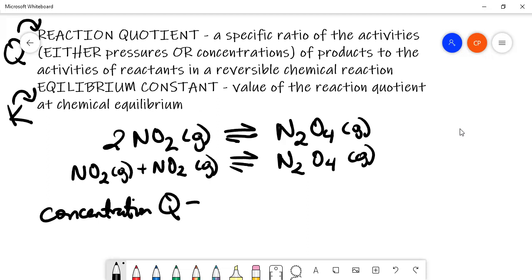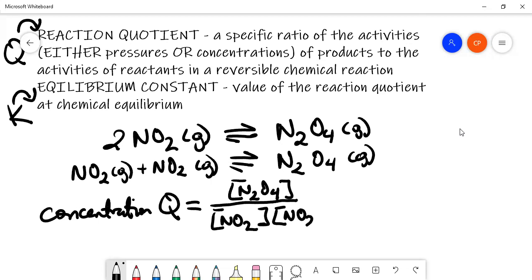Concentration Q, and that'll be the concentration of the products over the concentrations of the reactants. Okay?